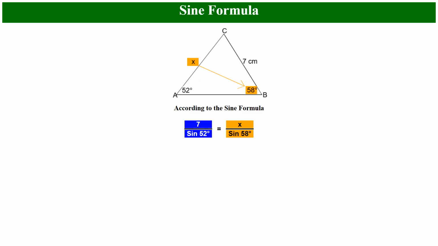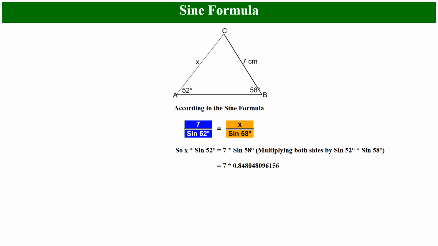So now we get here and we need to find the value of x. What should we do? Well, we can cross multiply, or we can call that multiplying by sine 52 and sine 58. It's the same thing. When we do that, we get this line. And now we can look up sine 58 degrees on a calculator, and it's that. And multiplying those two figures together, we get this 5.936, etc. And now, to find the value of x, what should we do?